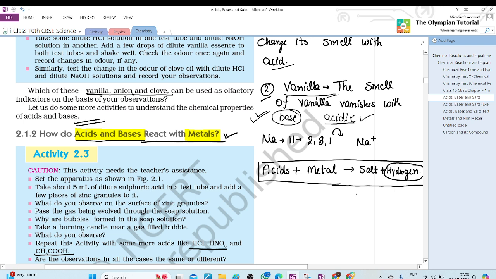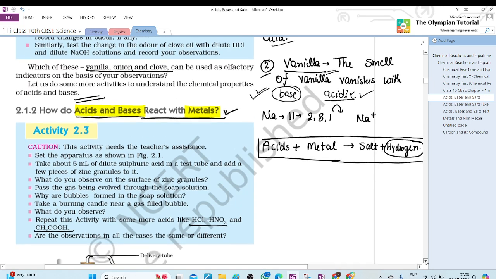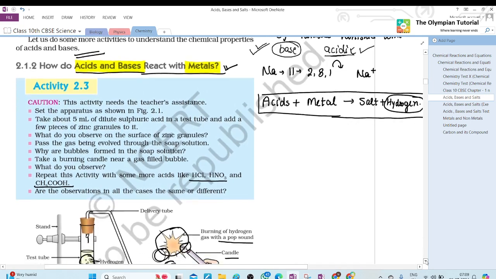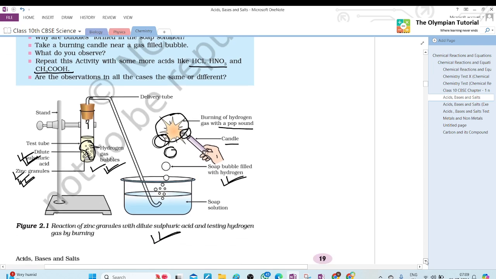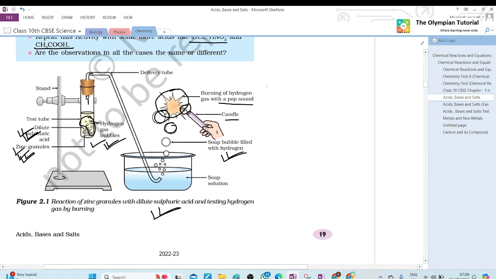How do acids and bases react with metals? The most important thing: when acids and bases react with metals, evolution of hydrogen gas takes place. And what is the test for hydrogen gas? Aikta, can you tell me?